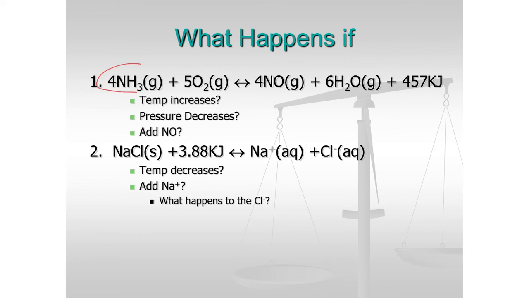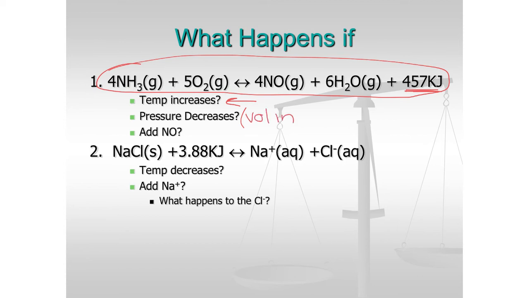So here's my reaction. It's at equilibrium, so the rate of the forward reaction is equal to the rate of the reverse, and the temperature increases. So I have too much heat, so I would do the reverse reaction, because that would move away from that excess heat. All right, pressure decreases. Pressure is a little harder. First, I have to check, do I have gases? Which I do. So pressure decreases, volume increases.